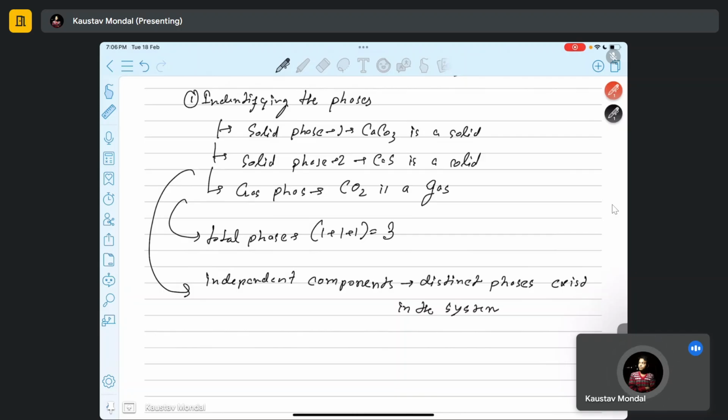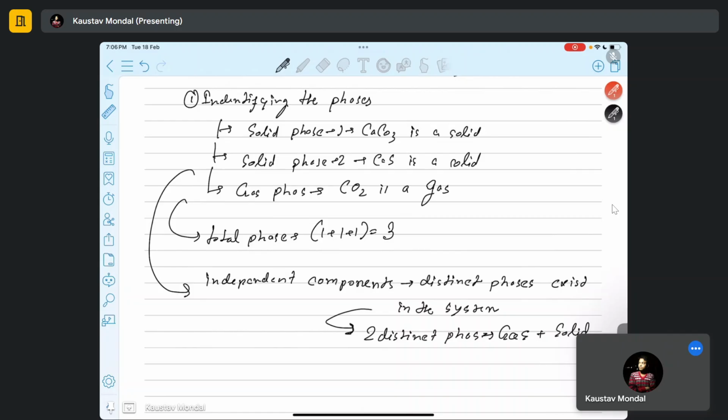For this system, the 2 distinct phases are gas plus solid.